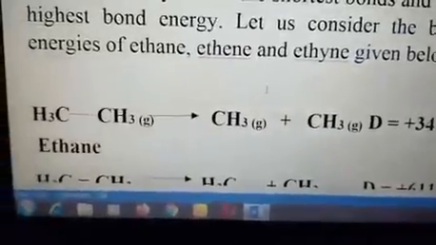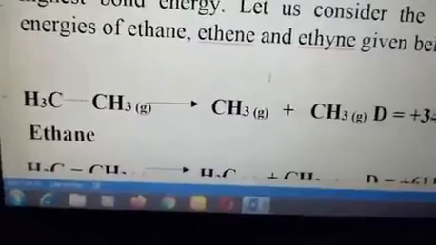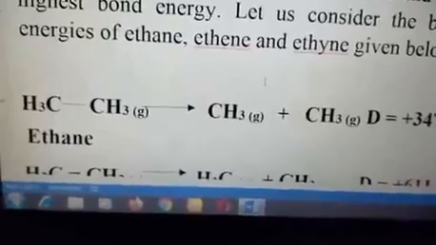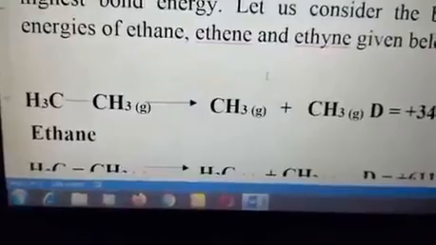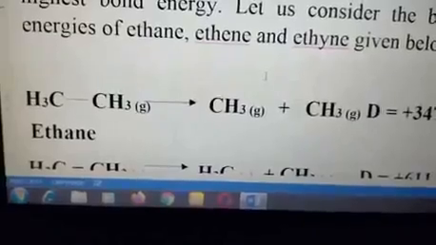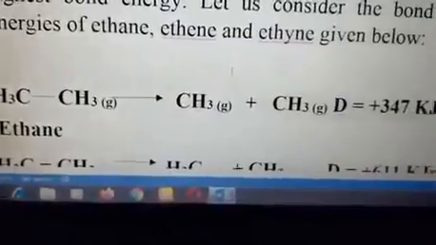So look at the first molecule. The first molecule there is ethane, H3C, CH3. If you look at it, it is ethane, there are 2 carbons and 6 hydrogens. You see a single bond existing between the 2 carbon atoms in ethane. The energy to break that single bond into 2 methyl groups, CH3, is what's called the bond dissociation energy for ethane.